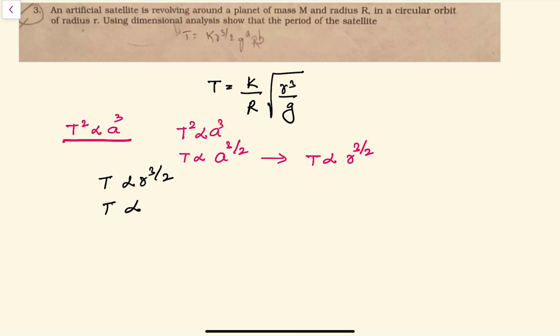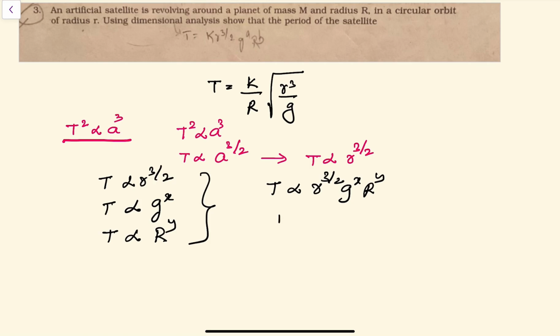Time period is proportional to gravitational acceleration g power x, and time period is proportional to the planet's radius, small r. So combining, T is proportional to R power 3 by 2 g power x r power y. So T is equal to some constant k, R power 3 by 2 g power x and r power y.